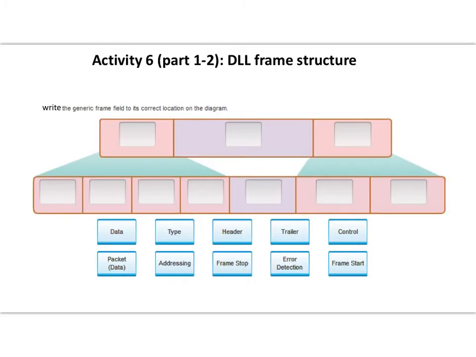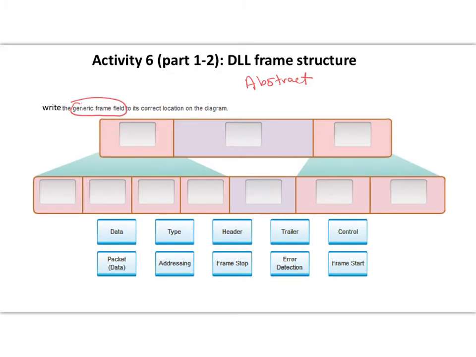Through the generic frame structure. The word generic here is very important. The word generic means that this is the abstract definition of the data link layer protocol data unit.